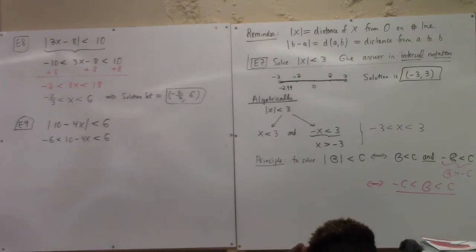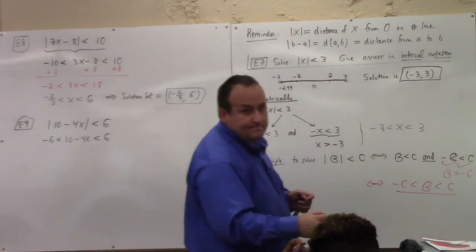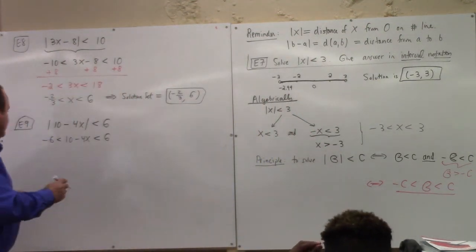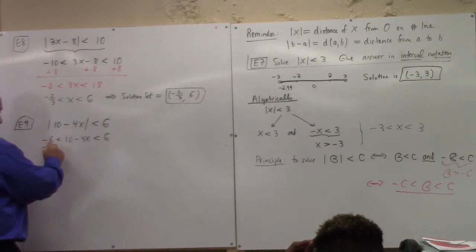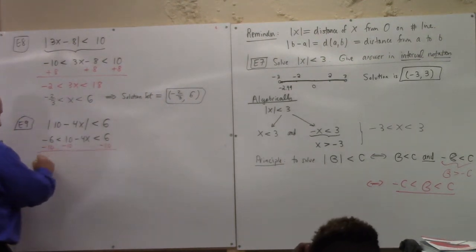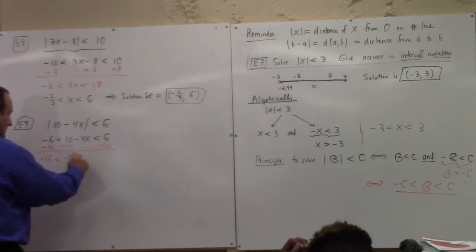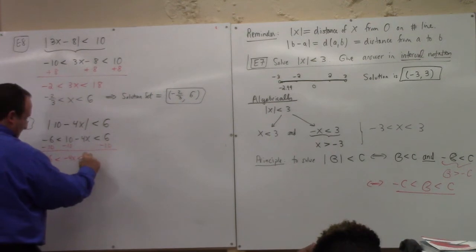Now what should I do? I guess I can subtract 10 across the inequality. I can isolate the x term like that, right? Minus 10, minus 10, minus 10. That gives me minus 16 less than minus 4x less than minus 4.